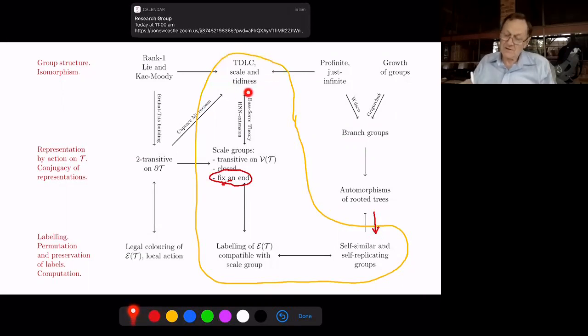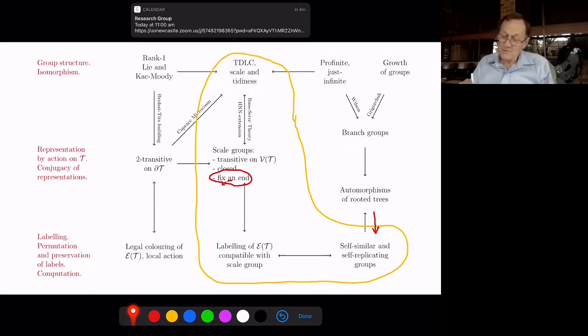So if we just think about this part of the picture for the moment, there are several approaches to studying the structure of these groups, and the scale and tidy subgroups are one approach. I think if we compare with Lie groups, the scale and tidy subgroups are something like the eigenvalues in a Lie algebra of a Lie group.